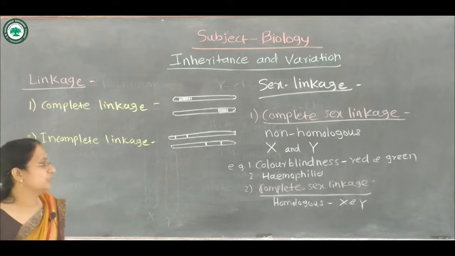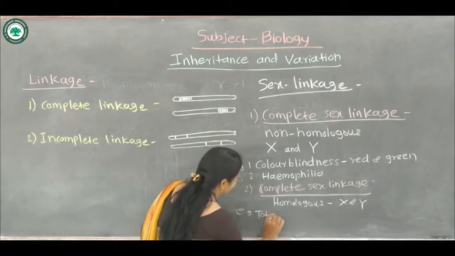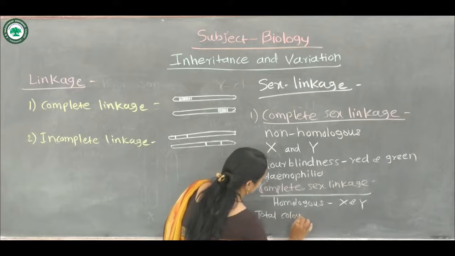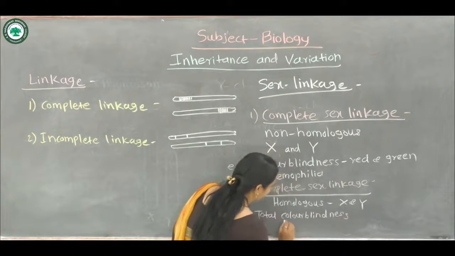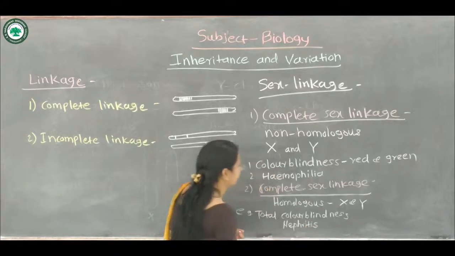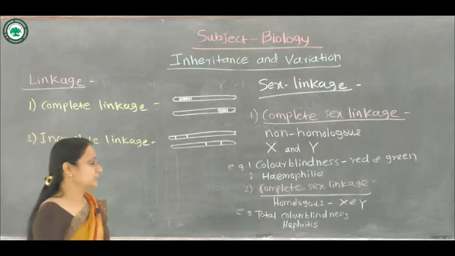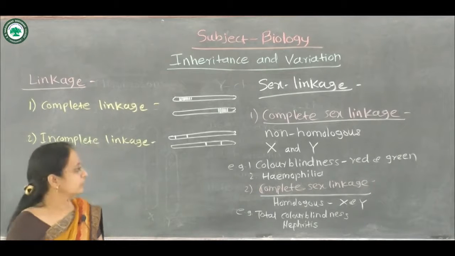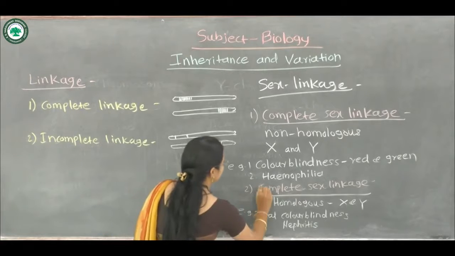The examples are total color blindness, then nephritis, retinitis pigmentosa. Here they show that incomplete sex linkage is there.